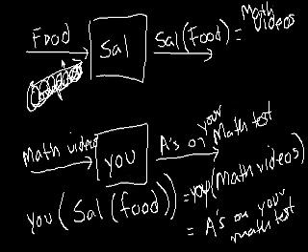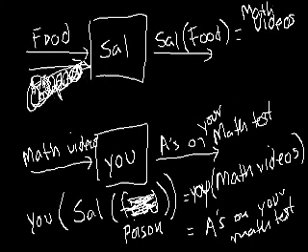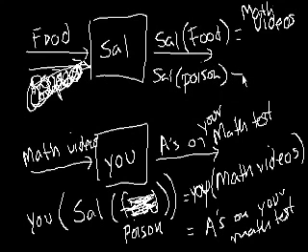And notice, we just said what happens when you put food into Sal. This would be a very different outcome if you replaced food with, let's say, poison. Because if you put poison into Sal, not that I would recommend that you did this, Sal of poison would equal death.